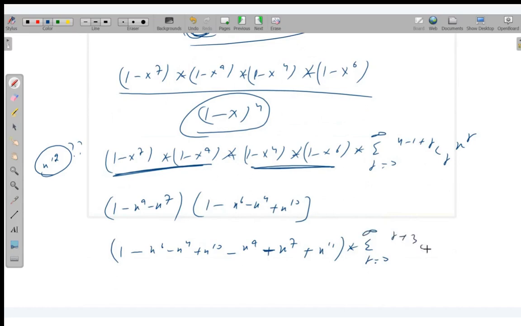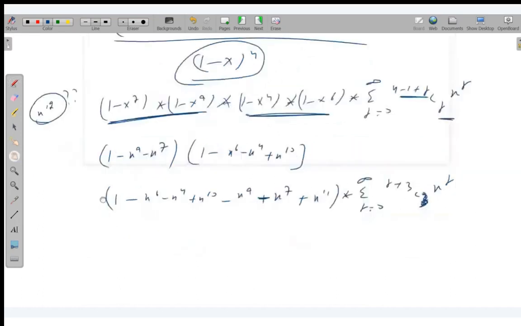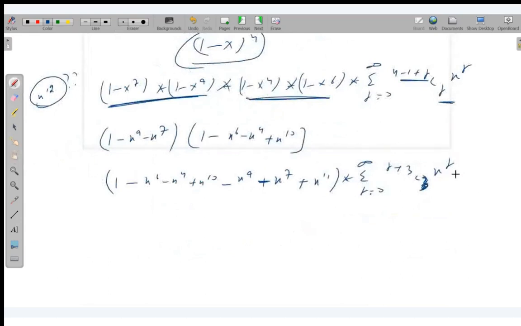So (r plus 3)C3 x power r. I think you have got it: (r plus 3)C3, (r plus 3)C3 x power r. Yes, so now I will simply solve it. I will put the value 12.